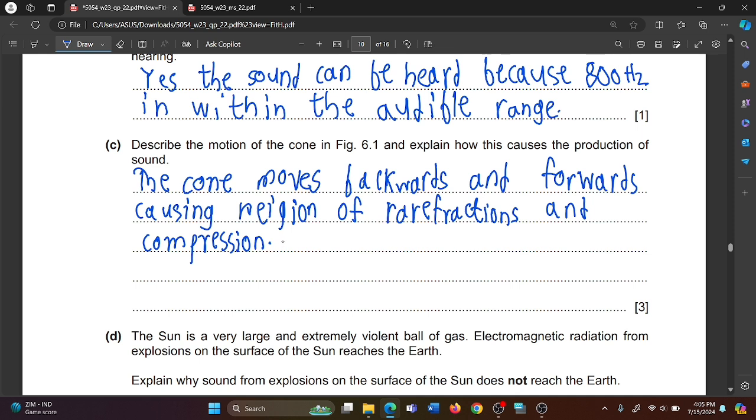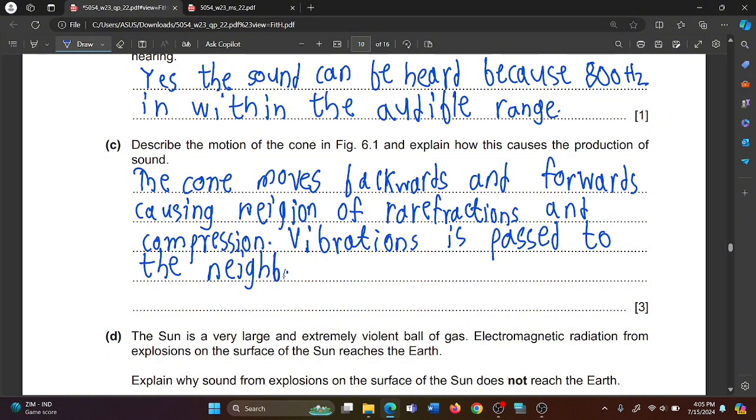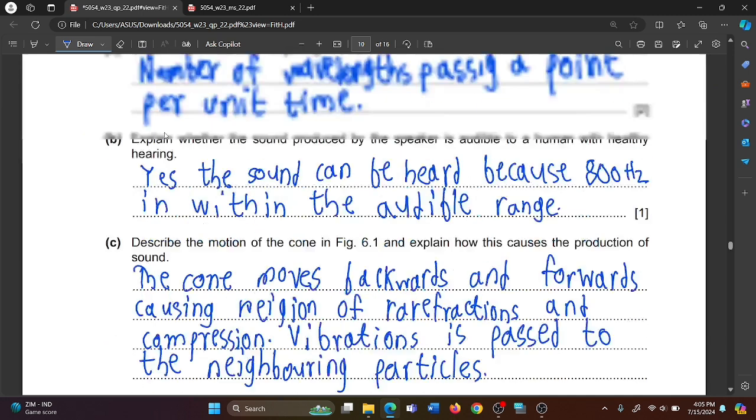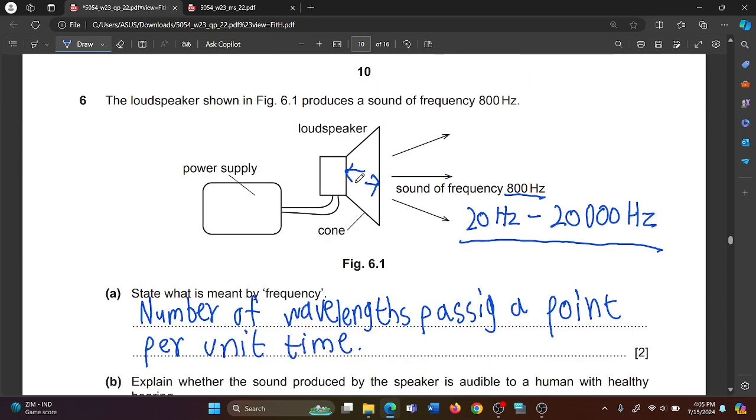And for the third mark we need to write vibrations is passed to the neighboring particles. Let me first write the answer, then I will explain what I wrote. So it means the cone is vibrating backwards and forwards, causing a region of compression and rarefaction at the very beginning of the cone.